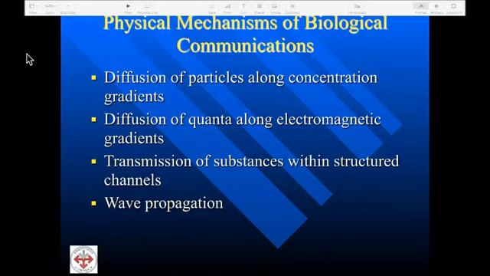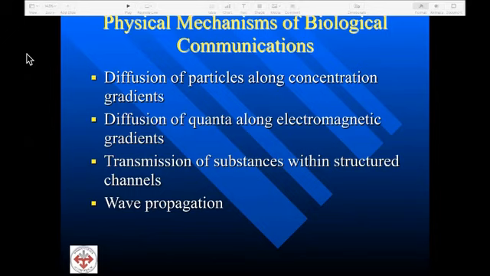There are four major physical mechanisms associated with biological communication. The first is diffusion of particles along concentration gradients, and we're all familiar with this in terms of ionic transport, osmotic change, and the classic propagation of the nerve impulse.